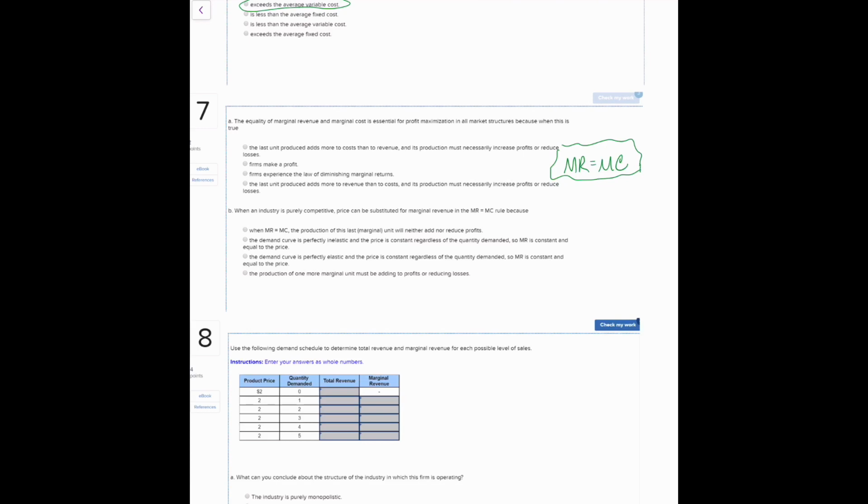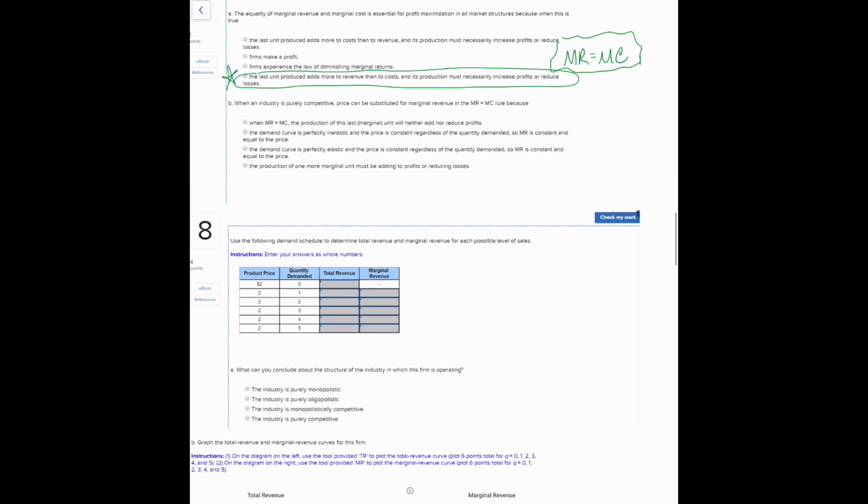And it's true because when it's true, the last unit produced adds more to revenue than to costs, and its production must necessarily increase profits. As long as marginal revenue is positive, it's adding to profits or it's minimizing losses. So this is why we do that.